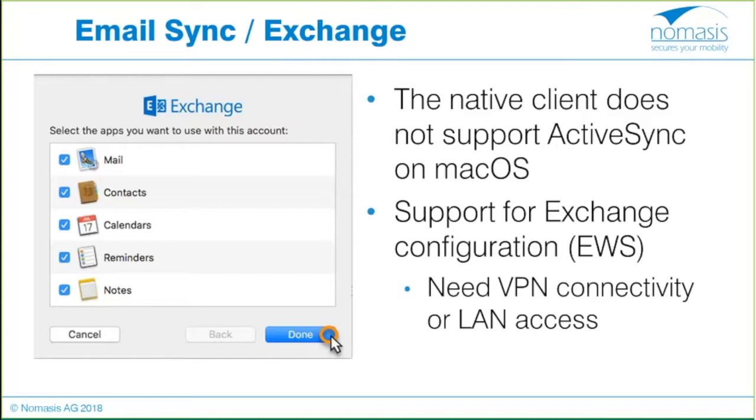For that, unfortunately, as of today, we need either one global VPN, which is rolled out on the macOS, or we need to be inside the corporate network so that you can reach the Exchange backend. But as soon as you have connectivity, then all the user information, even the certificate if you want, the user ID, the mail, can be provisioned with MobileIron. And this will synchronize emails, contacts, calendar, and the basic team data.